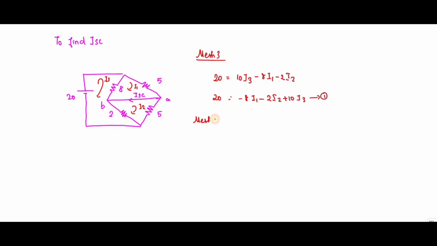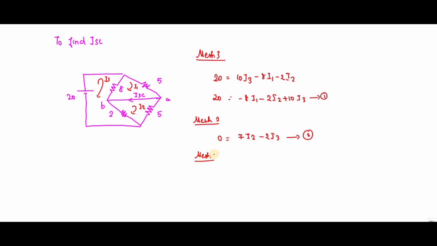Next I go for mesh 2. You can see there is no voltage, so it is 0. If I want to find the current, that is 7 I2, right? And there is no resistance between I2 and I1, so it is 0, and I3 is minus 2 I3.